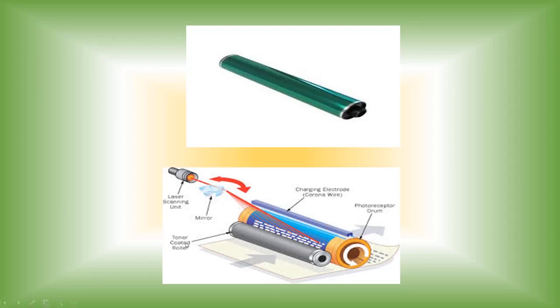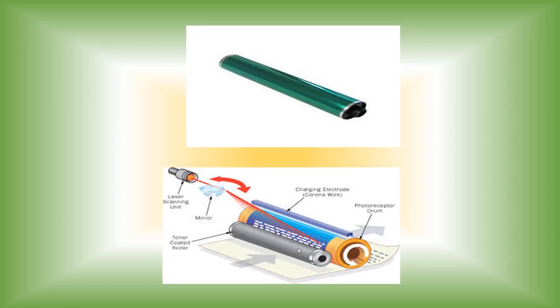This toner is coated on the roller. When it touches the photosensitive drum, the negative particles of the drum will attract the positive ink particles, which form a character there. So this is the technology used in the laser printer.